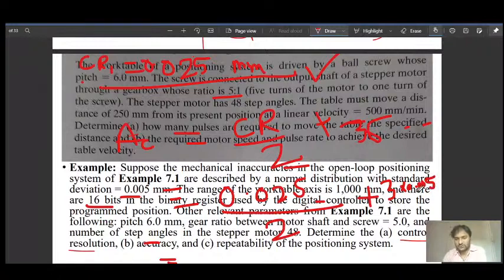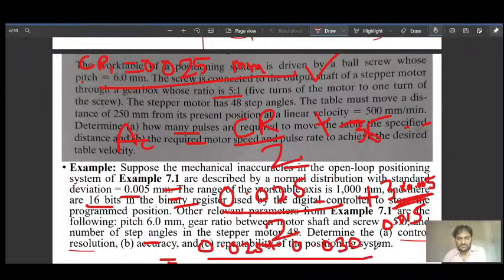So 3 sigma becomes 0.015. Then you add 0.025 plus 0.030.